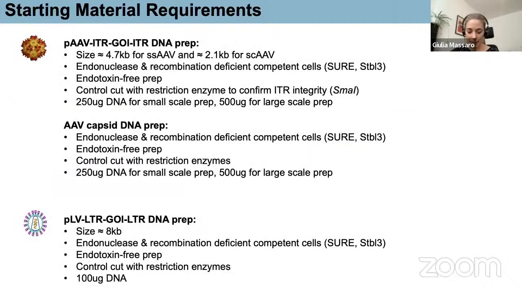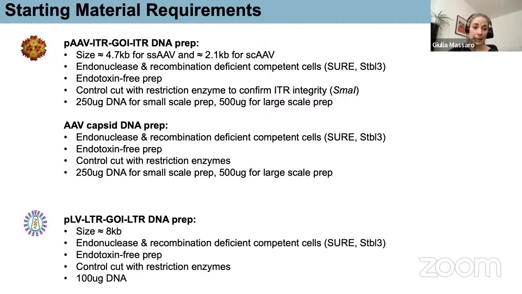In terms of the starting material requirements, what I ask when people contact me is this: we have a call to understand their needs and what stage of the project they are at, and then I send them my requirements for the starting material. The users are required to bring their own gene of interest plasmids and also the AAV capsid plasmid.